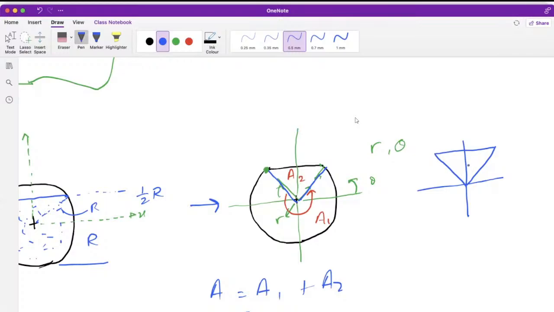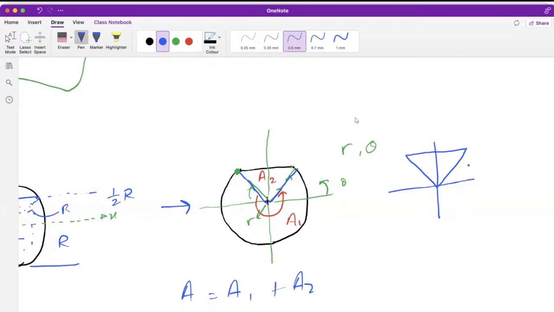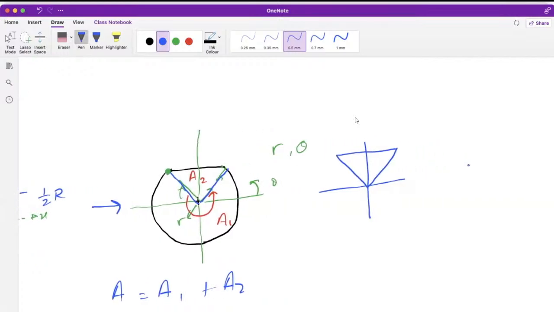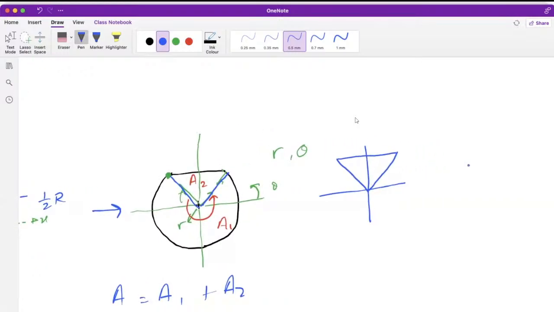So this is where, if you don't remember how you did it in polar coordinates, and the transformation between Cartesian coordinates and polar coordinates, this can be confusing.